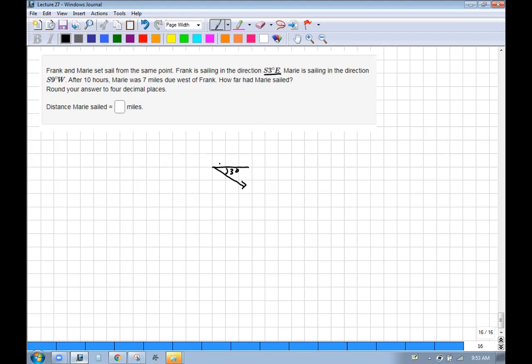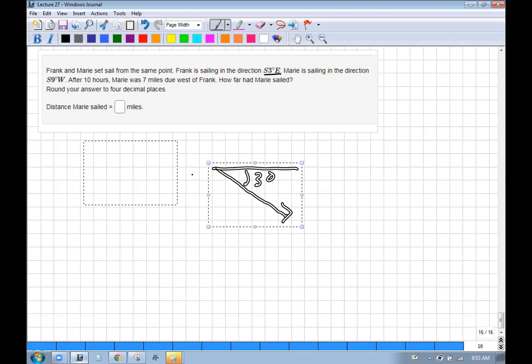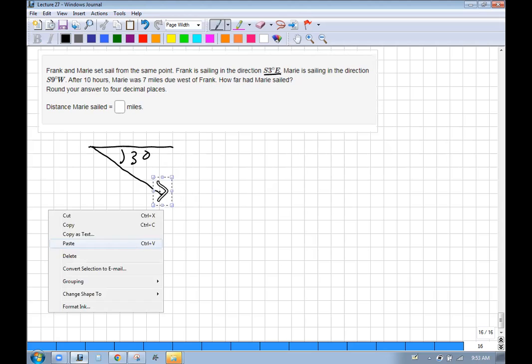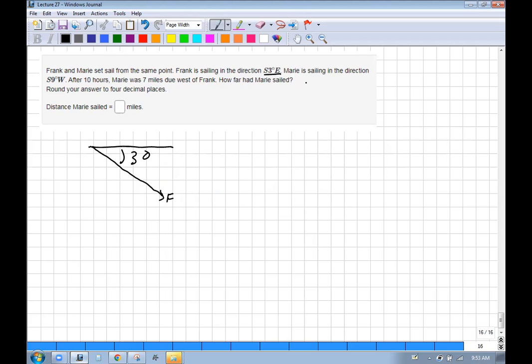So that's Frank. Make this bigger here. There's Frank. Mary is sailing in the direction south 9 degrees west. So they start here.